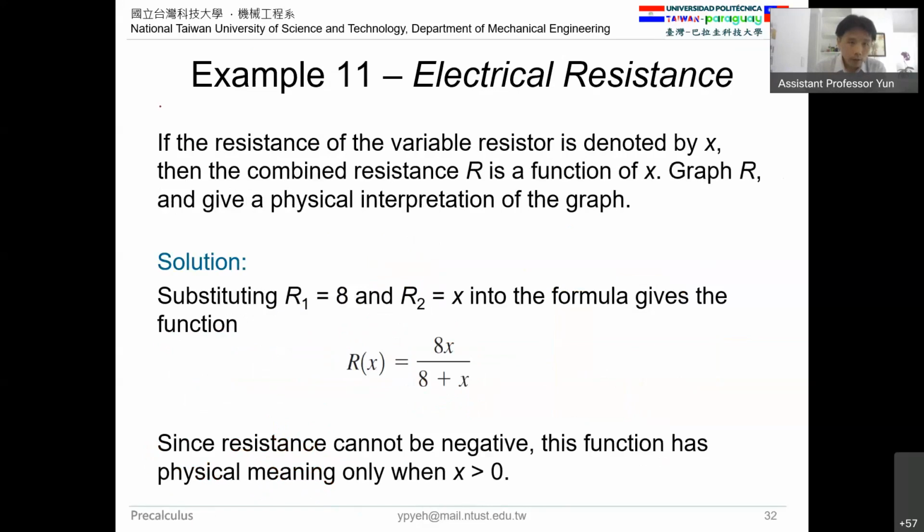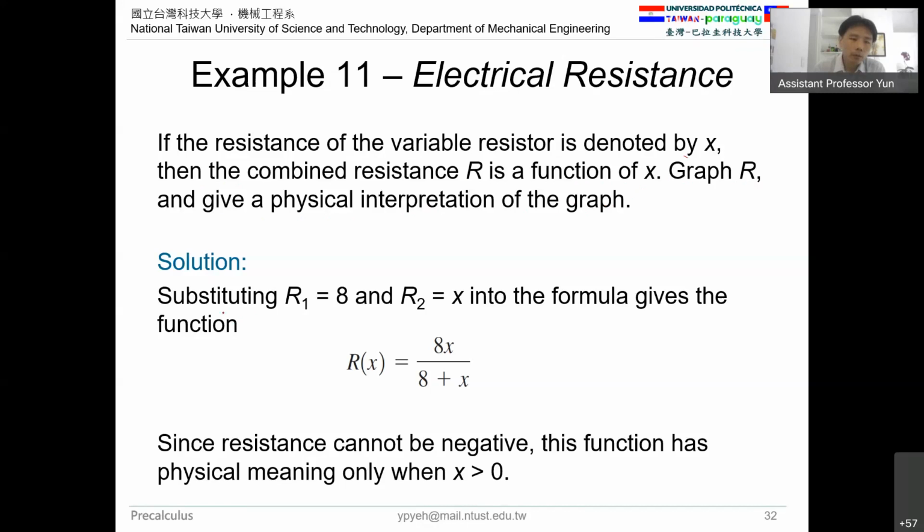The question is: if the resistance of the variable resistor is denoted by X, then the combined or total resistance is a function of X. Graph R and give the physical interpretation of this graph.